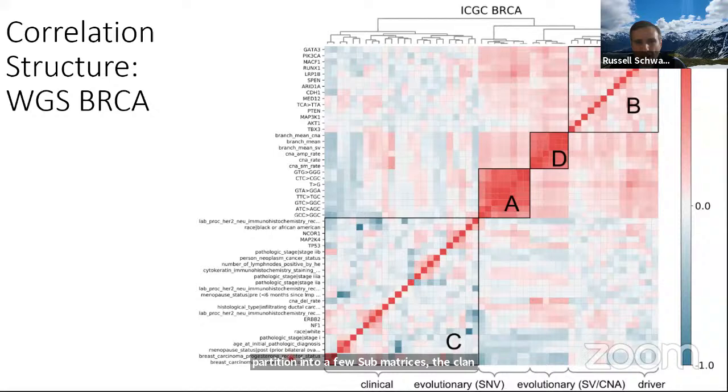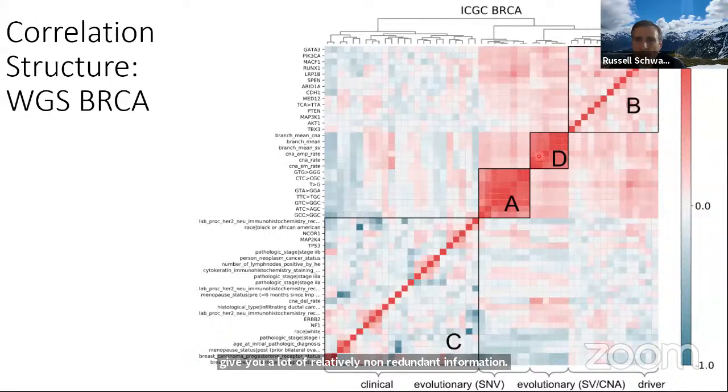The clinical features pretty much partition into one submatrix with relatively low correlation internally and with the other feature sets, which is just suggesting that clinical features work well. Clinicians and clinical researchers have done a good job of finding a small number of things you want to check that give you a lot of relatively non-redundant information.